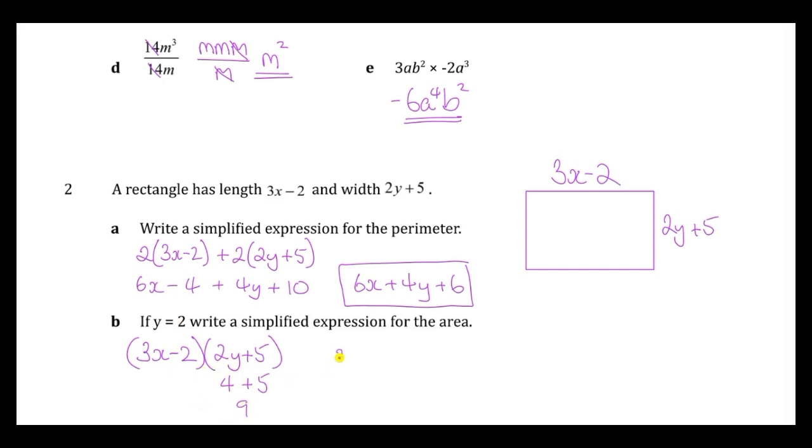So I have 3x minus 2 multiplied by 9. I have 9 times 3x minus 2. 9 3's are 27. 9 2's are 18. That is the expression for the area, knowing y but not knowing x.